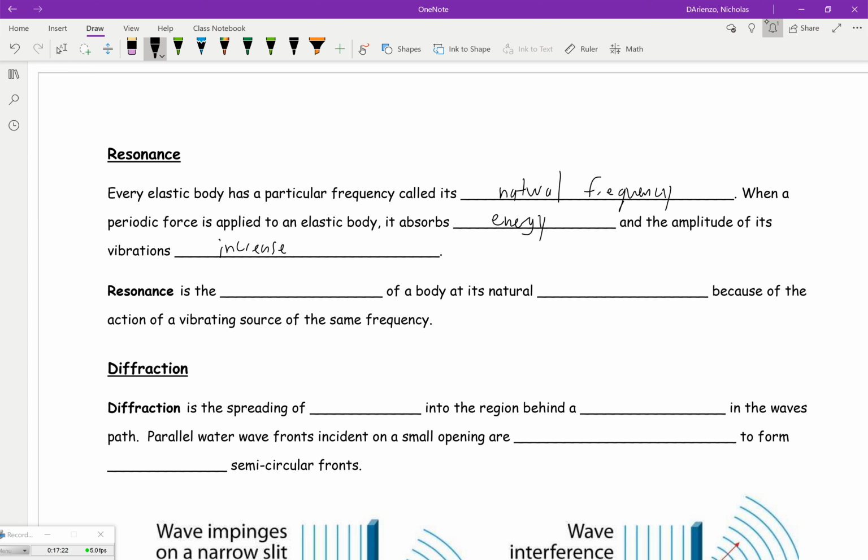So we're going to see some constructive interference here. It's going to cause the amplitude of vibrations to increase. And this amplitude can continue and continue until it gets very, very great, which can have different effects on the body depending on what it is.